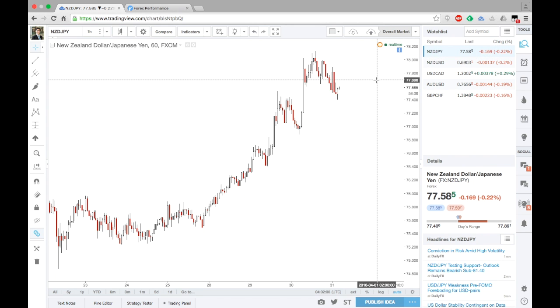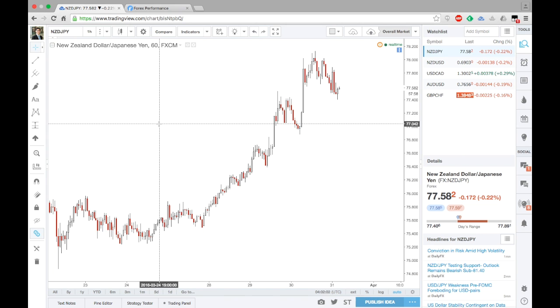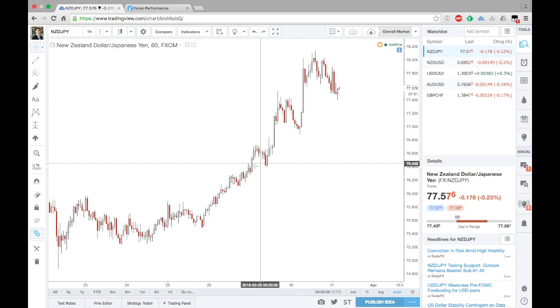So 1, 2, 3, 4, as it suggests, we need to have 4 levels, or 4 points. Simply picking from this starting point towards there, what we are picking up is in terms of structure high and structure low. So you can see this is a low.